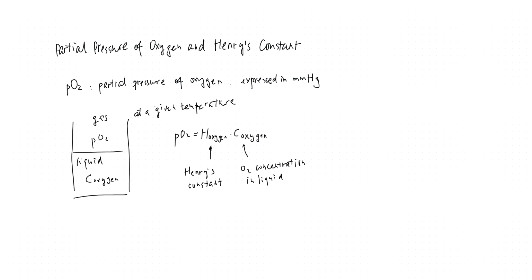It is usually expressed in micromolar. So a typical unit of Henry's constant would be millimeter mercury per micromolar.